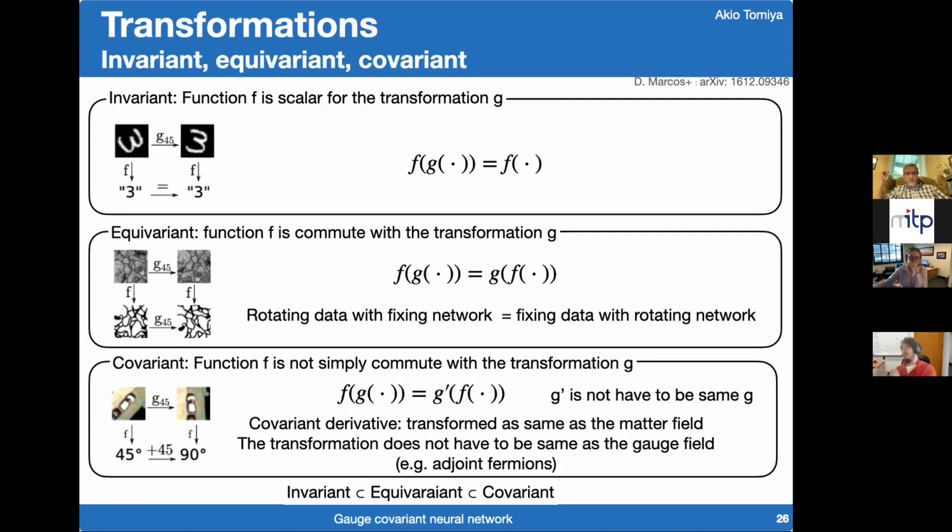It depends on the representation, right? So this is a summary of terminology. And if we choose g prime as g, it goes back to the equivariant case. If g prime is a scalar case, it goes back to the invariant.